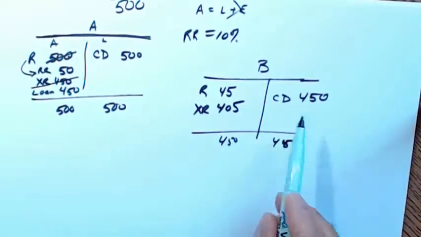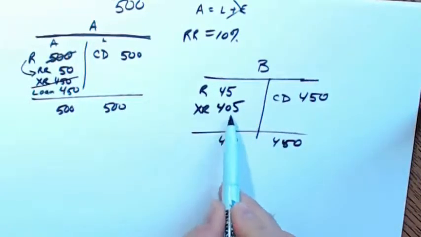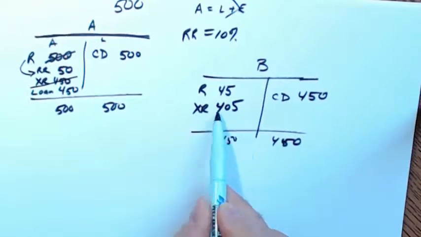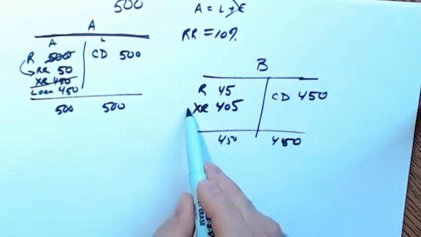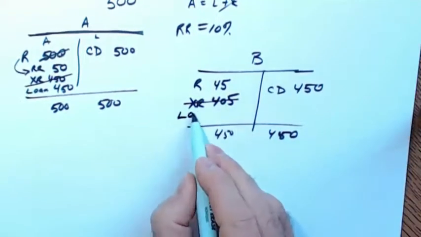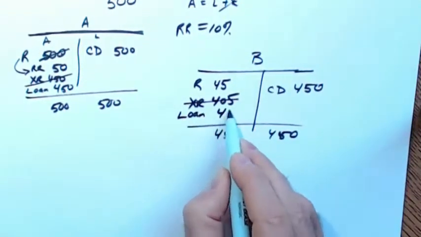Okay? So now what's going to happen is excess reserves, that's a no-no for a bank that's looking to maintain profitability. And so they're going to get rid of these excess reserves by lending that money out, and it's going to turn into a loan of $405.